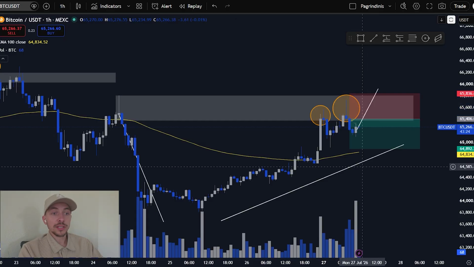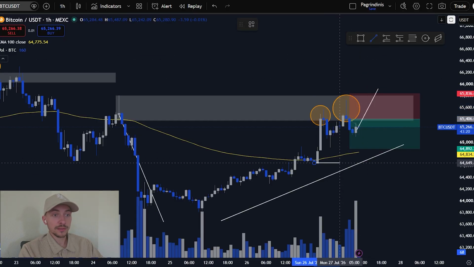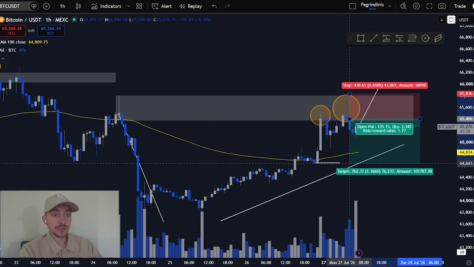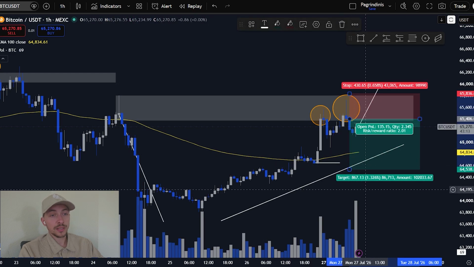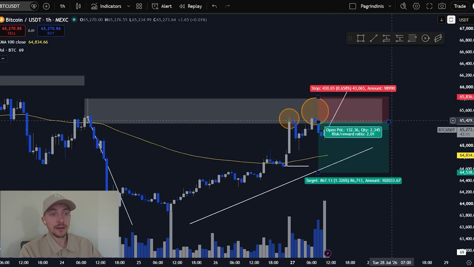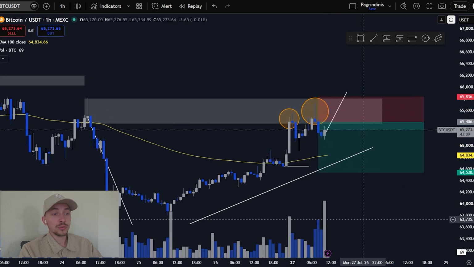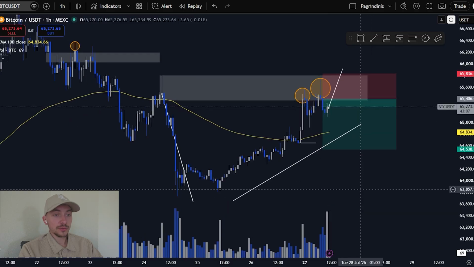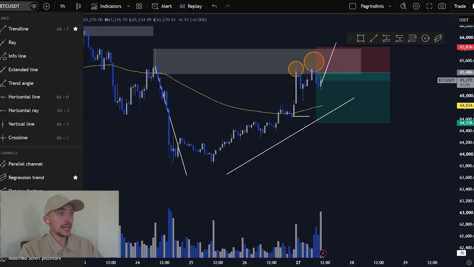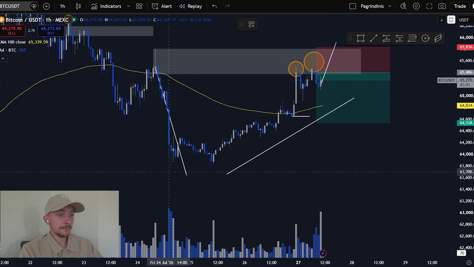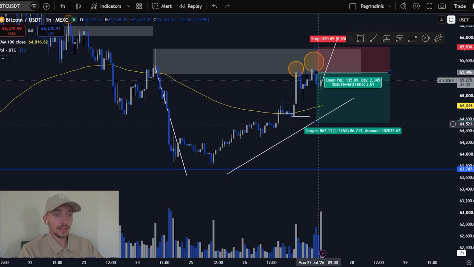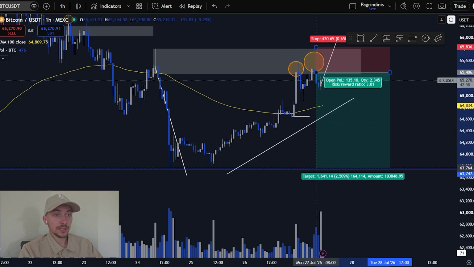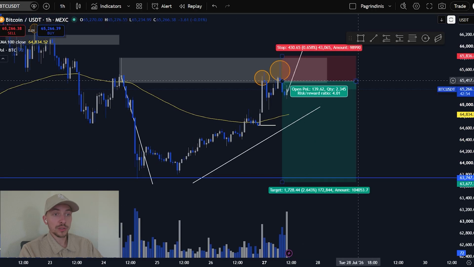If that's not the case and you're targeting, for example, these lows, you can go a little bit lower, and right now we have an amazing 1 to 2 risk reward. The most amazing thing would be targeting these lows right here. If we enter the trade like that, we have almost 1 to 4 risk reward.